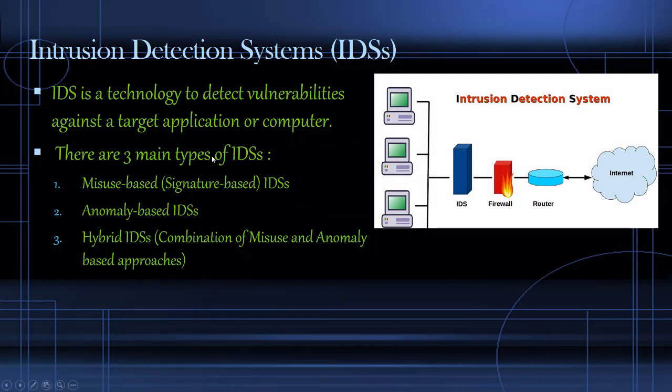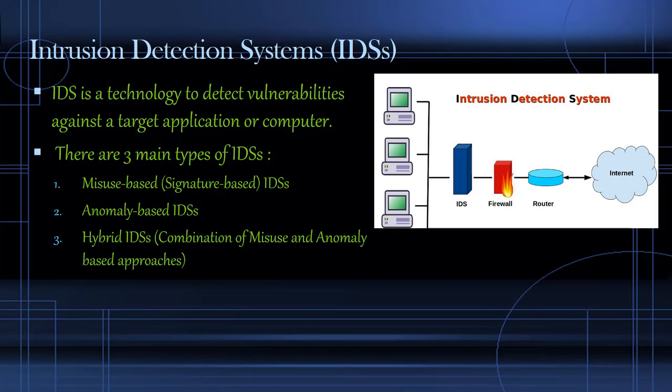An intrusion detection system, or so-called IDS, is a network security technology originally built for detecting vulnerability exploits against a target application or computer. IDS is based on learning data from machines and computers using machine learning based approaches.